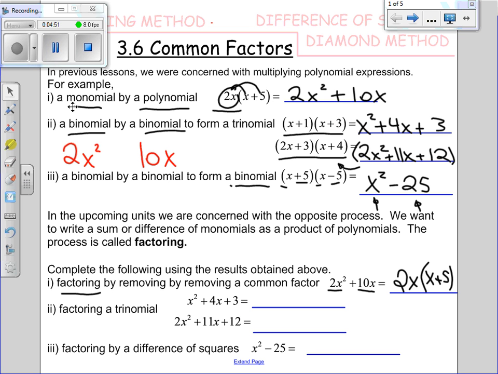What are the coefficients of this term and this term? 2 and 10. You want to find the largest number that divides into both 2 and 10. 2. That's where we got this 2 down here. And then you want to find the largest thing that divides into x squared and x. Just one x.